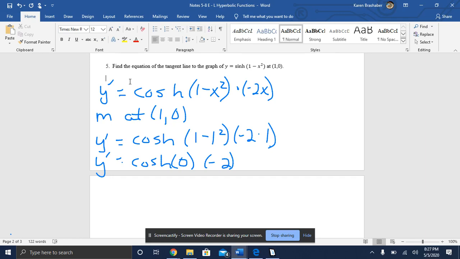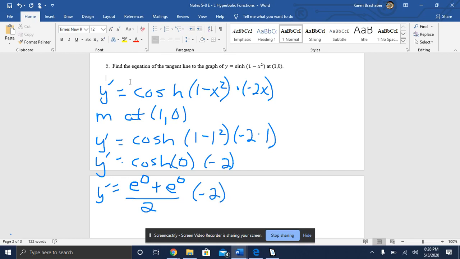So hyperbolic cosine is e to the x plus e to the negative x over 2. So our x in this problem is 0. So e to the 0 plus e to the 0 over 2, and then this is also multiplied by negative 2.